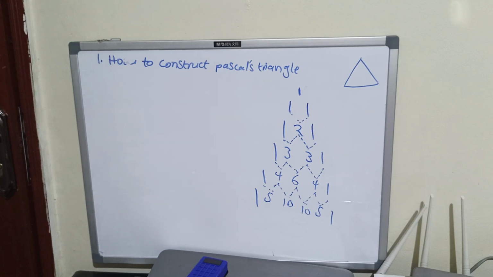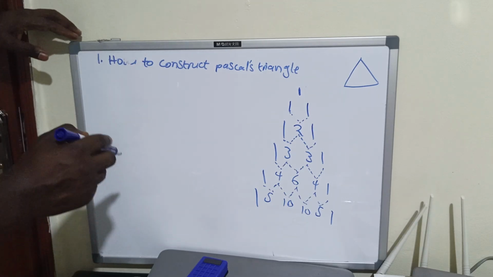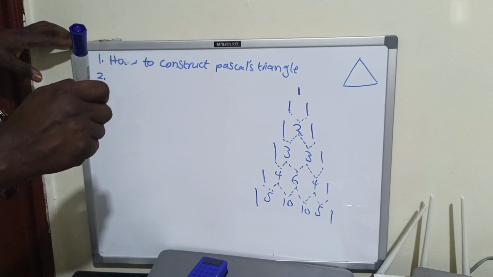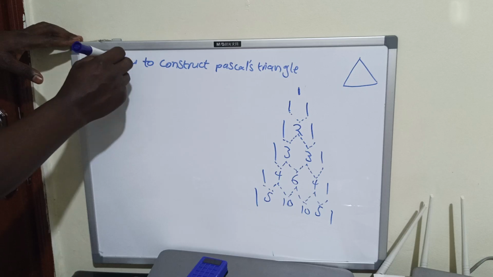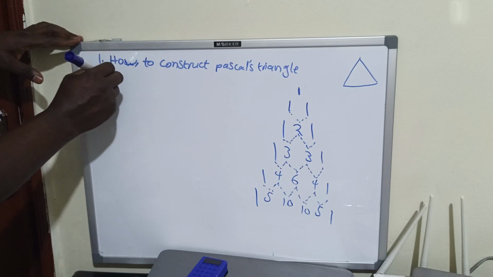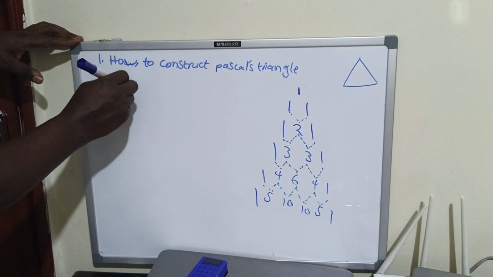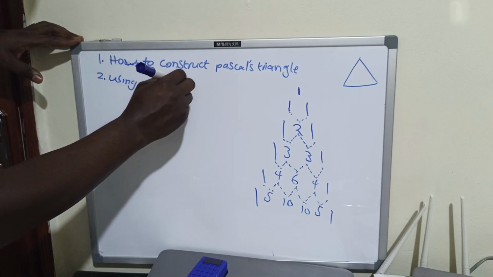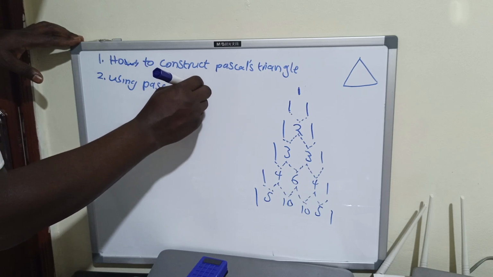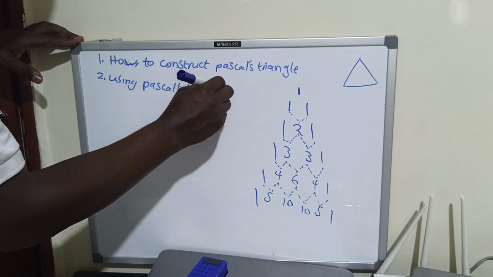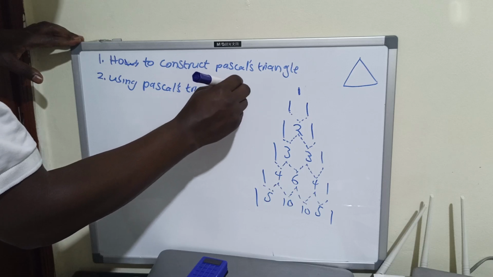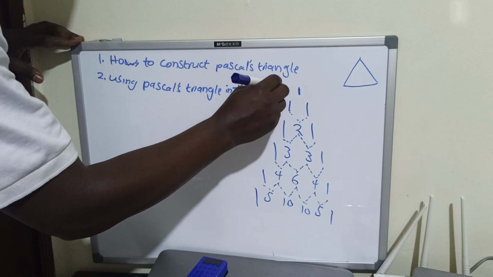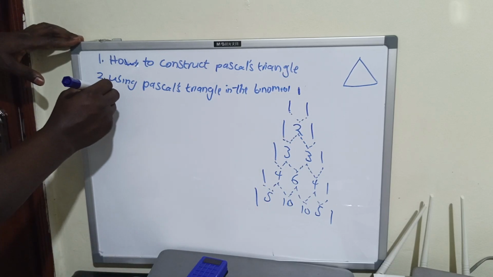Now, question 2. How do we use it in expanding a binomial expression, using Pascal's triangle and the binomial expansion?